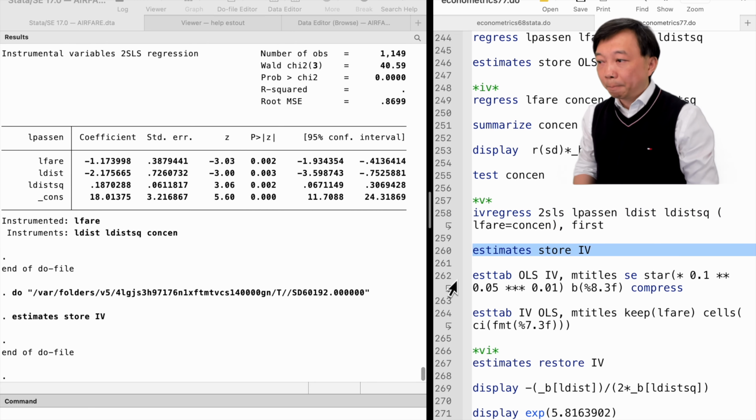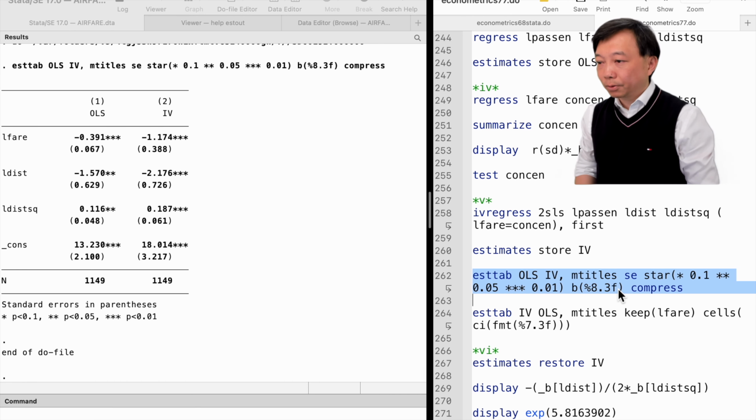As usual, we compared OLS and the 2-stage least squares estimates in a table using the estab command. We changed the significance levels for the stars and put the standard errors in parentheses. We also specify the format of the estimates.